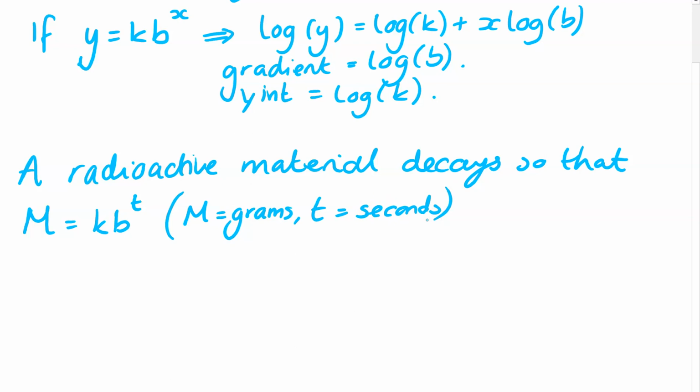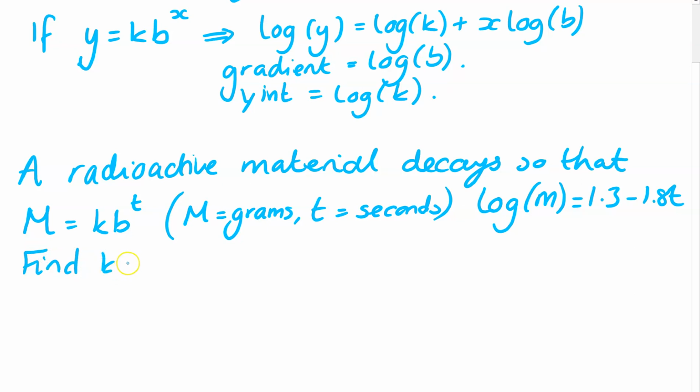Okay, and it is asking us to take readings and plot graphs with a line of best fit. So you're given that log of M is 1.3 minus 1.8t, and it's asking us to find K and B. So this is basically the line of best fit for the readings, because we've got an equation of a straight line here.